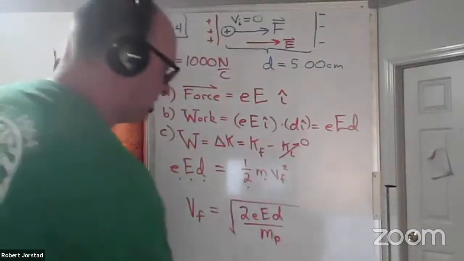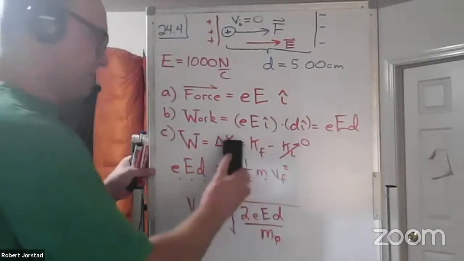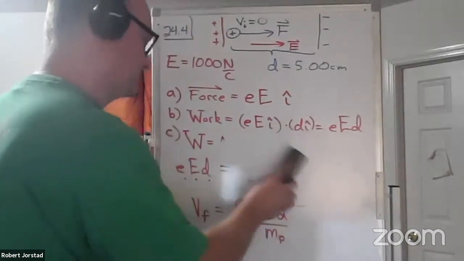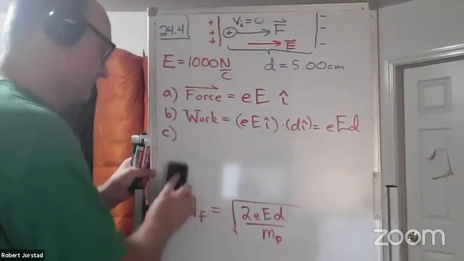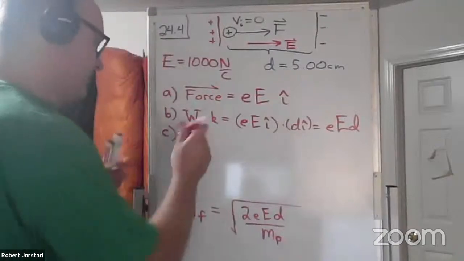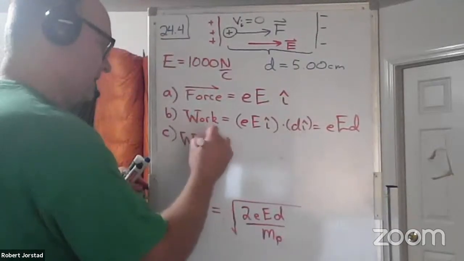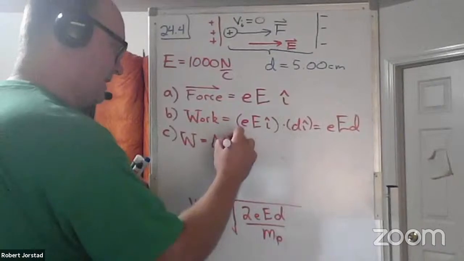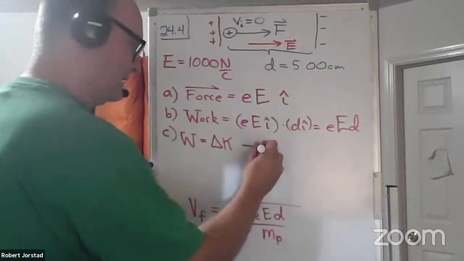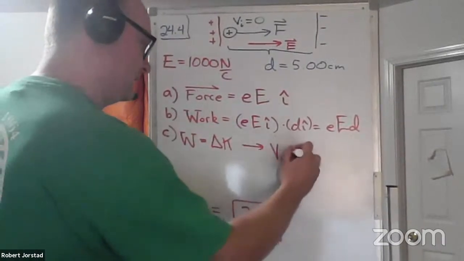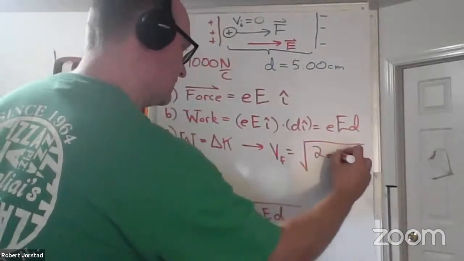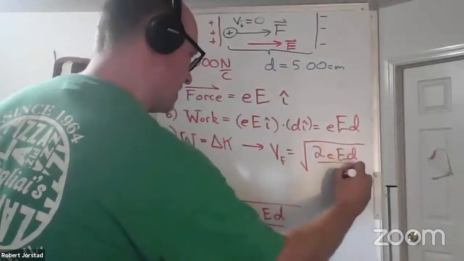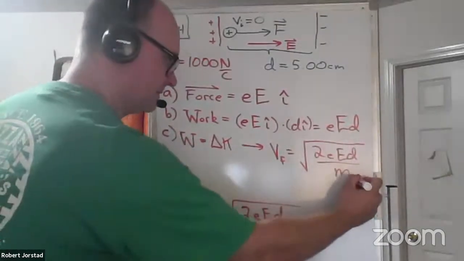All right, so just so I have a little bit of room, I'm going to put this result up here. So we said work equals delta K, and that led to the result V final equals the square root of 2 ED over M of a proton.